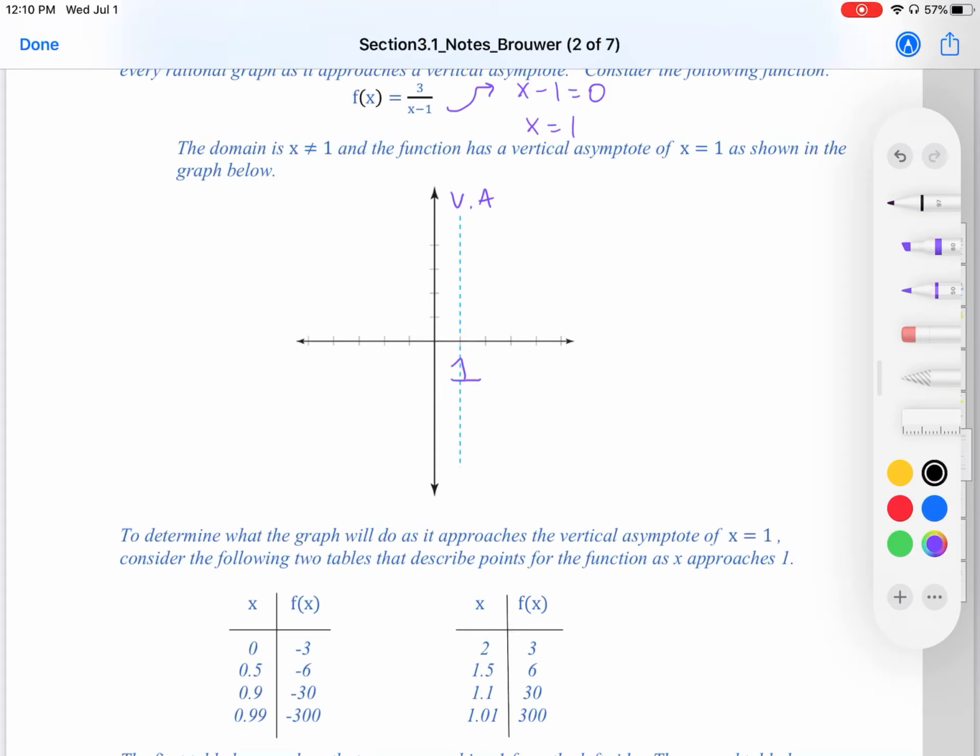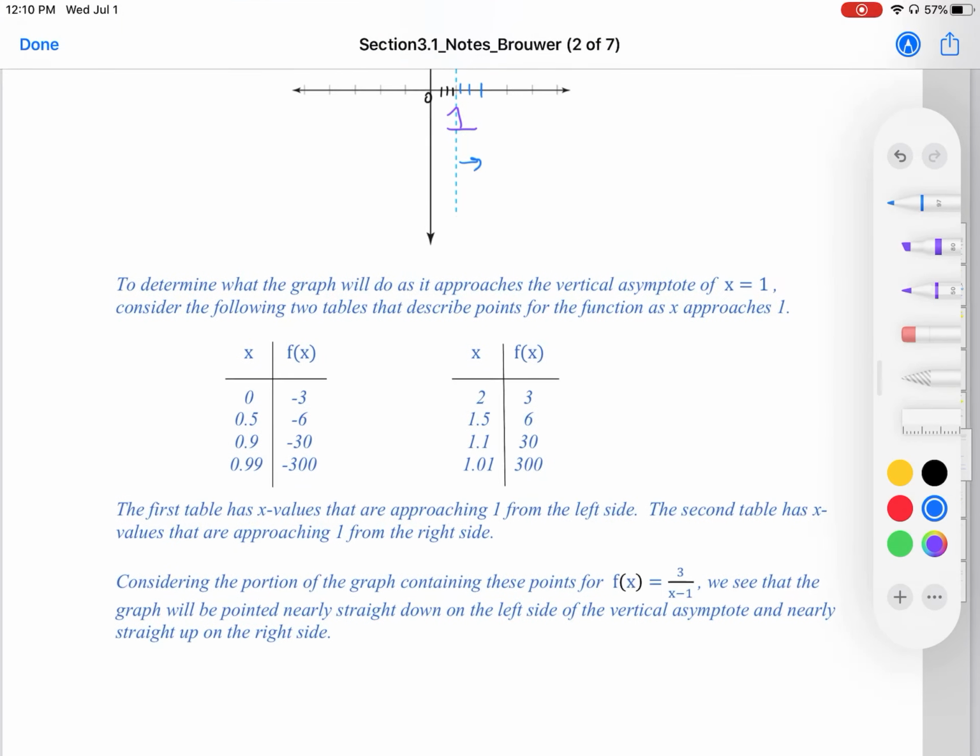So we can pick 0, a half, 0.9, 0.99. So let's see what happens as we get close to the asymptote from the left. And then let's pick other points that are to the right of 1, such as 2 and 1.5 and 1.1. Numbers that get closer and closer to the asymptote but never cross it.